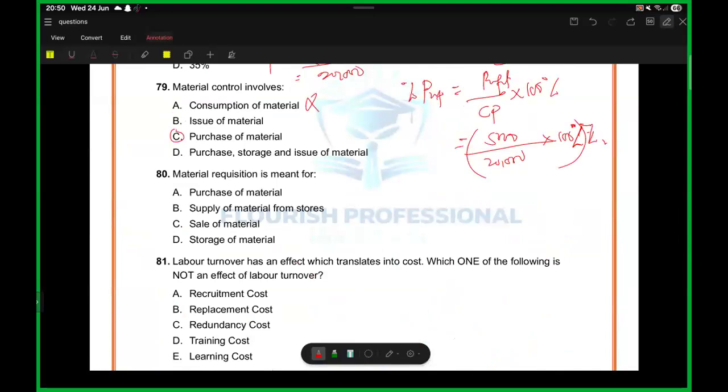When you buy and you are keeping the materials there, and you are supplying it to the different department that may need to use it, that is what we call the requisition. So you have to fill the material requisition form to acquire a material from the warehouse. I use it in this department. Some left, I have returned it, or I transferred it to another department. So this one involves the B.